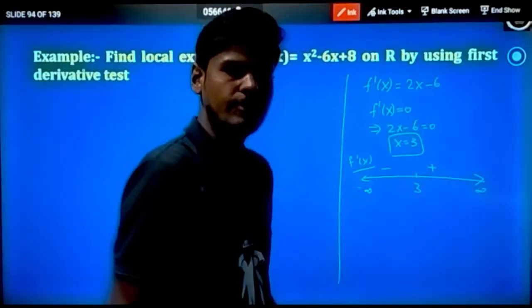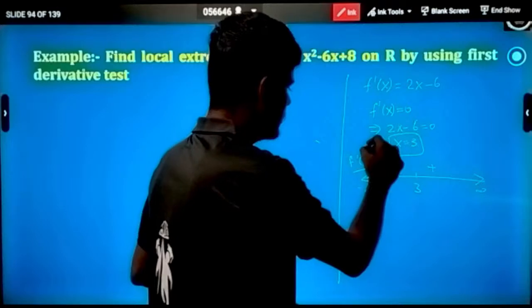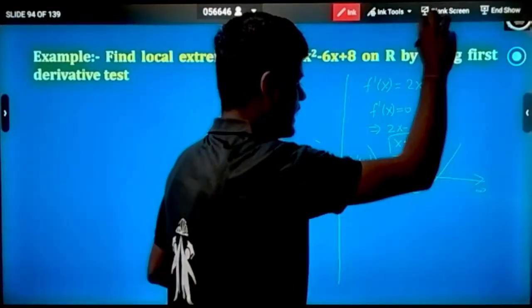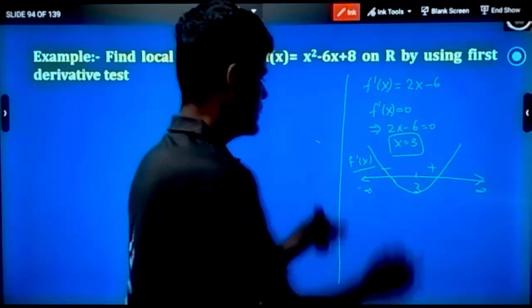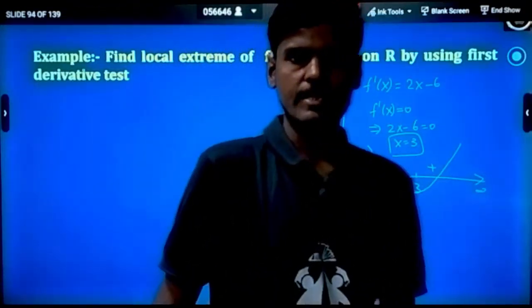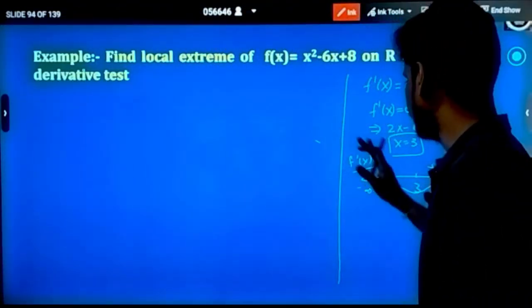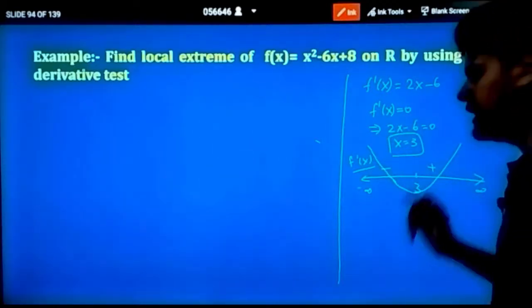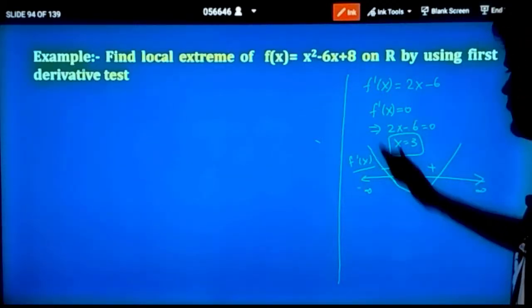So by drawing a rough graph, in this interval the function is decreasing. At 3 the slope becomes 0, and again it starts to increase. This is the graph of, sorry, f of x, some random curve. At the point 3, the slope becomes 0.